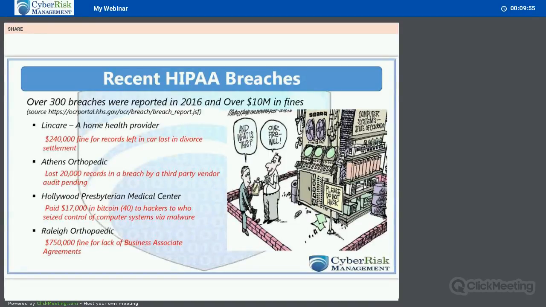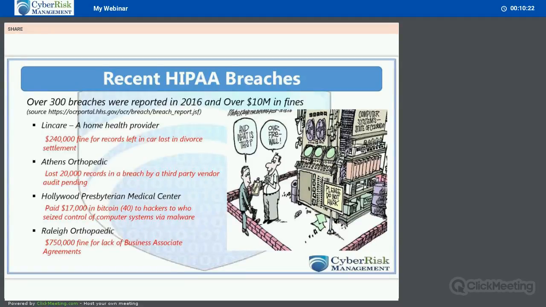So Lincare, a home health provider, had a pretty strong program in place to protect their data in a security area. So much so that they had a policy that all files that are kept on your computer must also be kept in paper file. Well, one of their salespeople was going through a very ugly divorce, and they kept their information in the trunk of the car. Through this nasty divorce, the husband ended up getting the car that had the information in it.